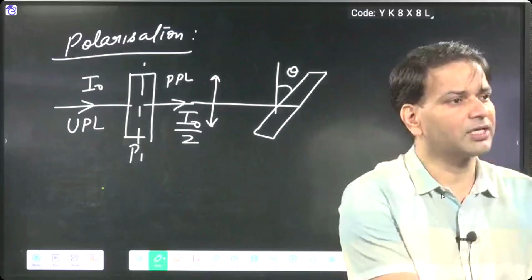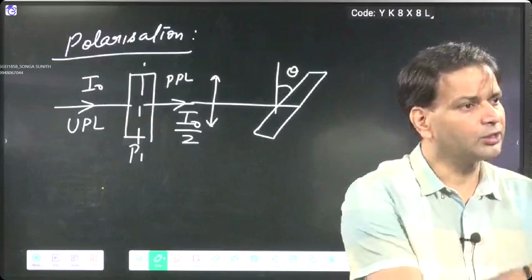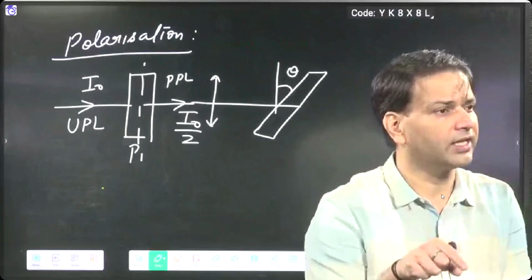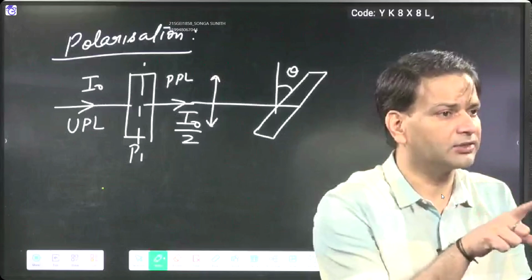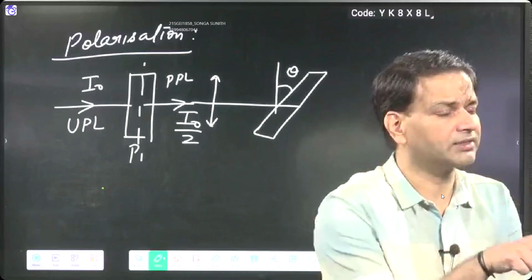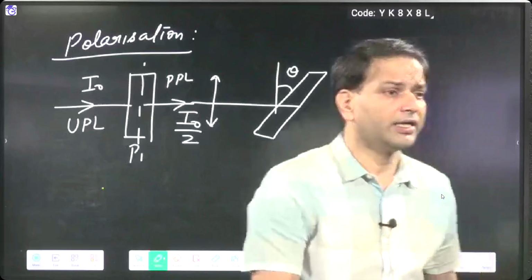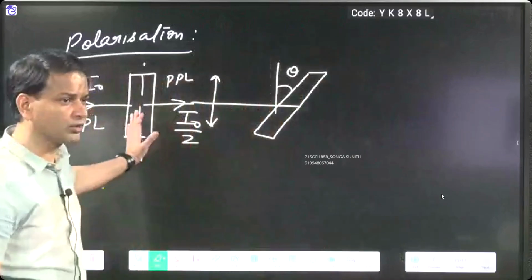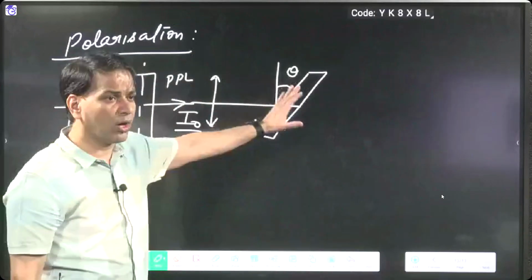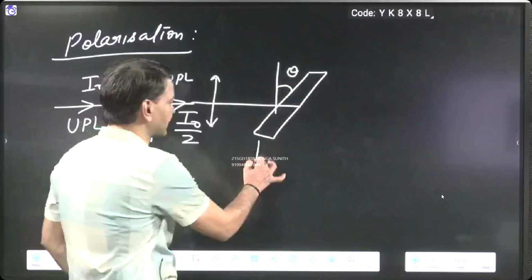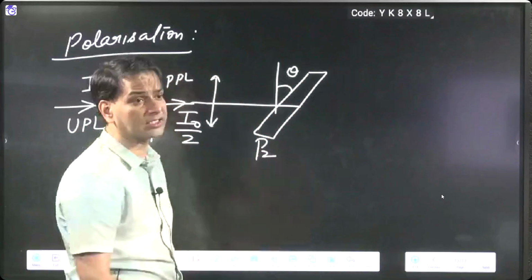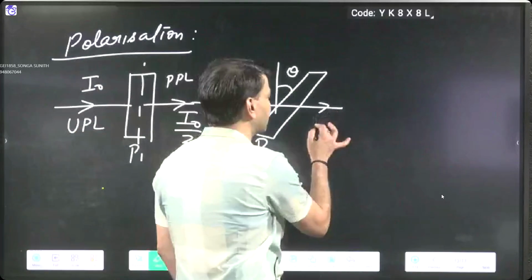What is Malus law? Transmitted intensity equals incident intensity into cos square theta. What is the theta there? The angle between the pass axes of the polarizers. Like here, for the first polarizer, you have I naught by 2. Now I naught by 2 is incident on the second polarizer. What will it transmit? It will transmit incident intensity into cos square theta.